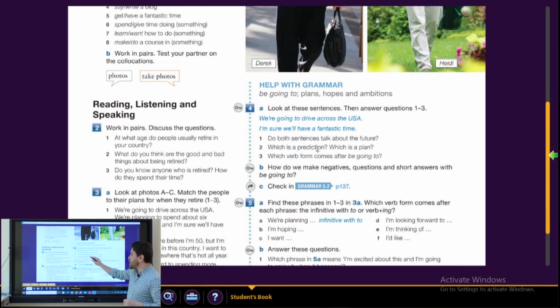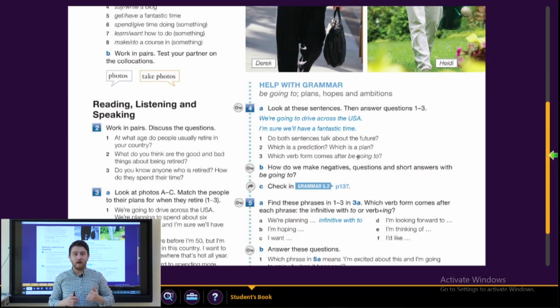But which one is a prediction? As we said earlier, we use future tense will to make a prediction. And the first one, we're going to drive, is a personal plan. And they make a prediction on their personal plan.